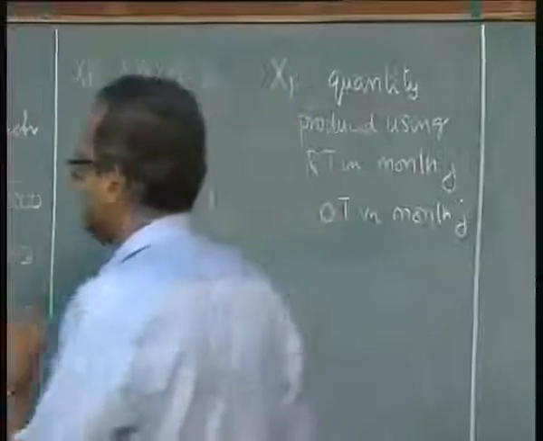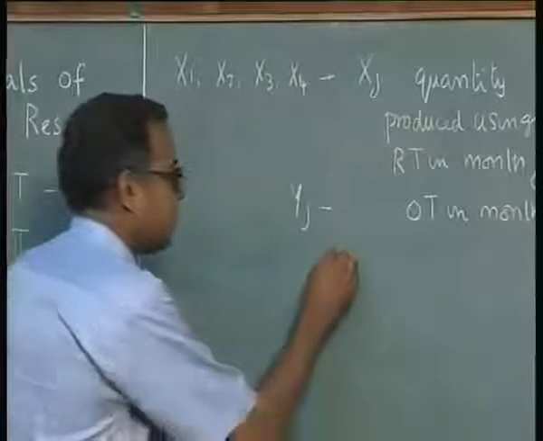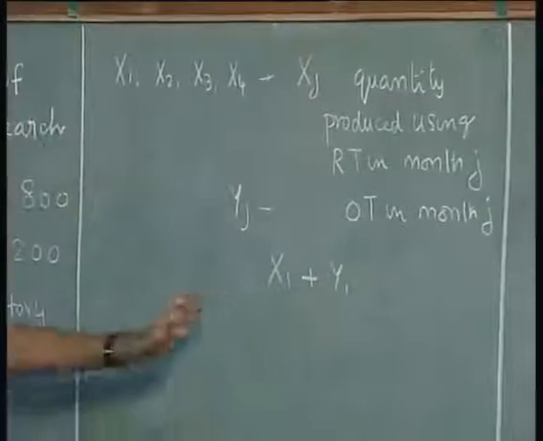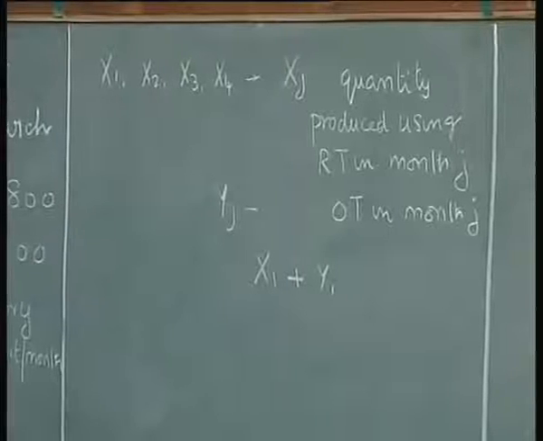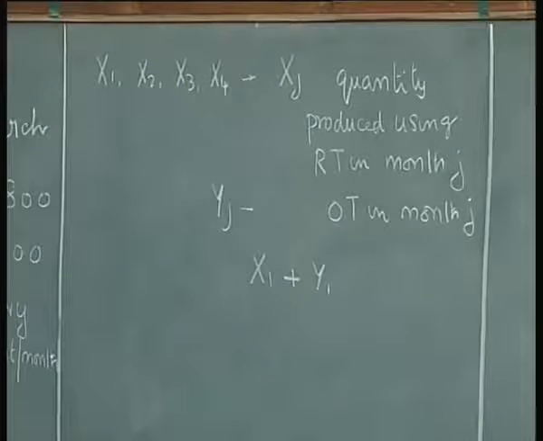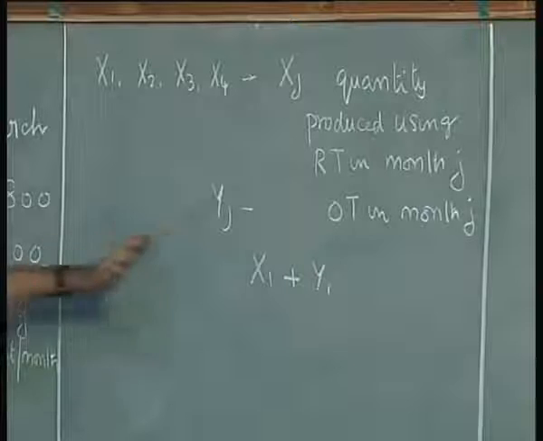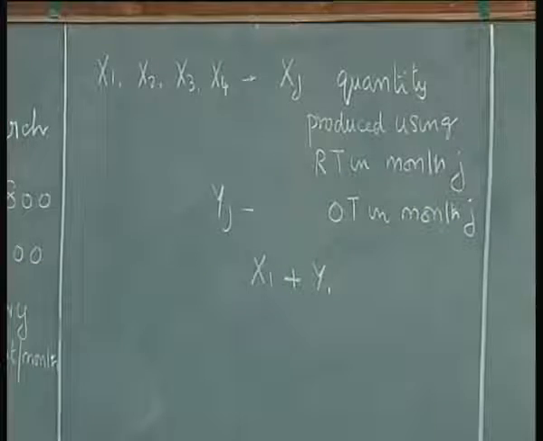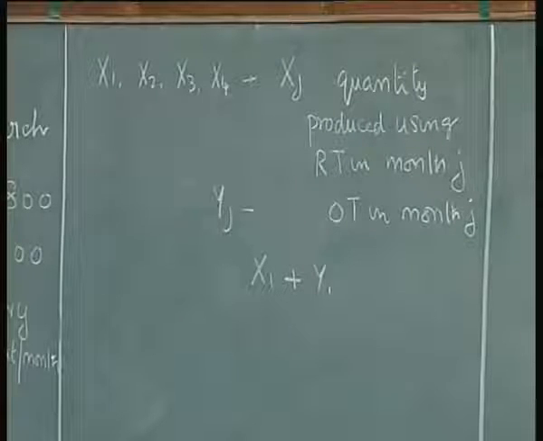Now, as far as the first month is concerned, we produce x1 plus y1. We assume that we do not have any initial inventory or any stock to begin with. So, whatever is produced in the first month is x1 plus y1, and we have to meet the first month's demand, which is 1000.